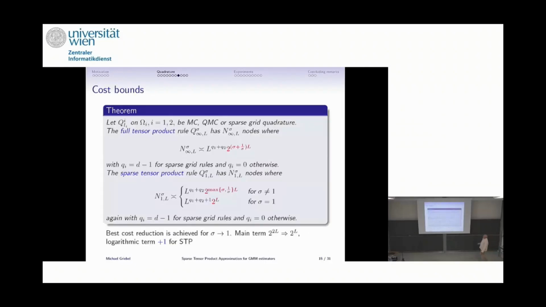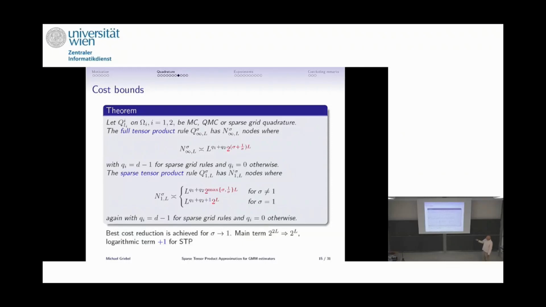Okay, so there's a cost theorem. With the right assumptions, we get that the costs are 2 to the L. L is the level index set, which we are after. And in front of that, we have a sigma plus 1 over sigma for the full tensor product rule. And for the sparse tensor product rule, we have in the main rate a 2 to the maximum of sigma, 1 over sigma if sigma is not 1.